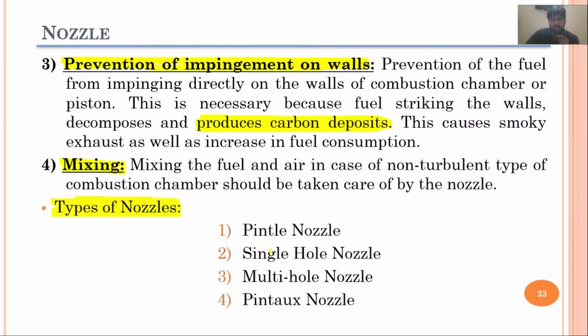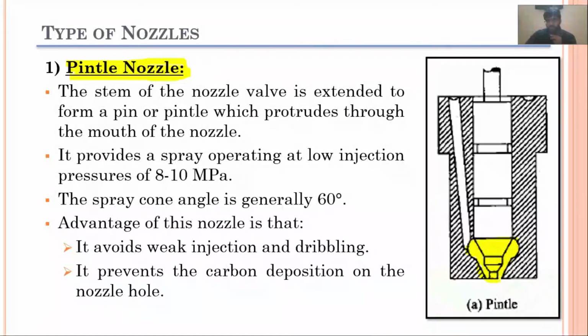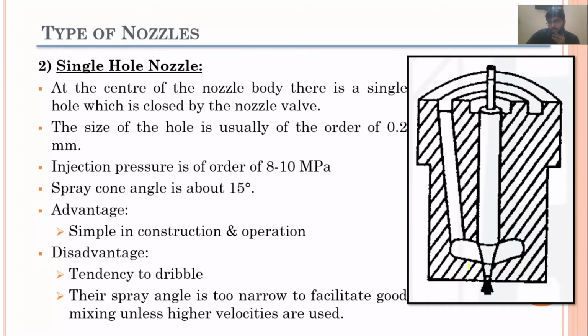Here you can see that the second one is the single hole nozzle. So this is the schematic of a pintle nozzle, and this one is the schematic of a single hole nozzle.